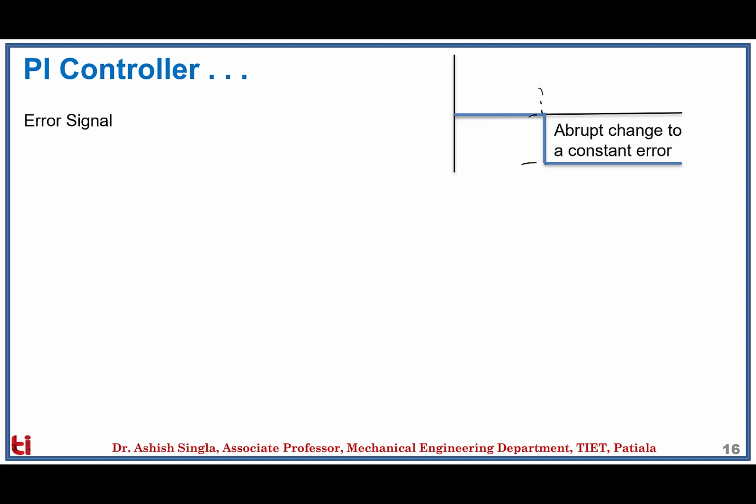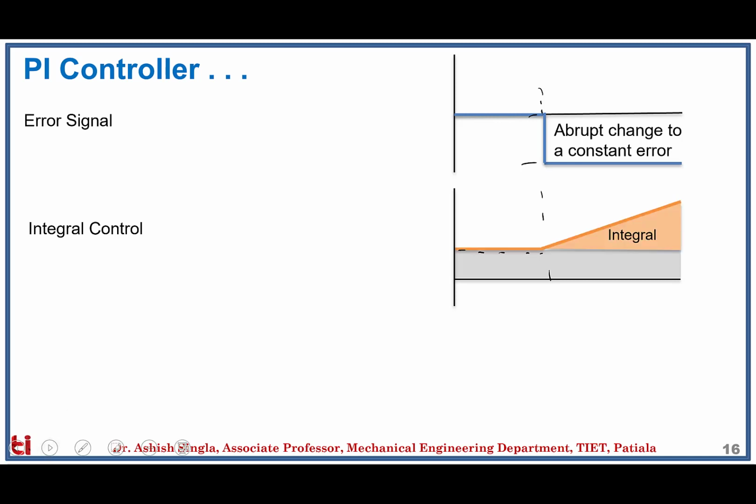So if we use only integral control, in this case we can see that even in the portion where the error is 0, you can expect that the integral control will give a non-zero value, because of which it can handle this constant static loading. And as the error signal becomes positive, the integral control, which is based on the accumulation of the error, will keep on increasing its output.